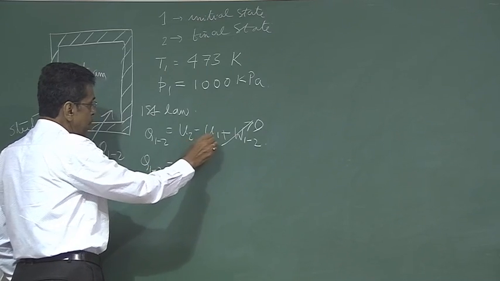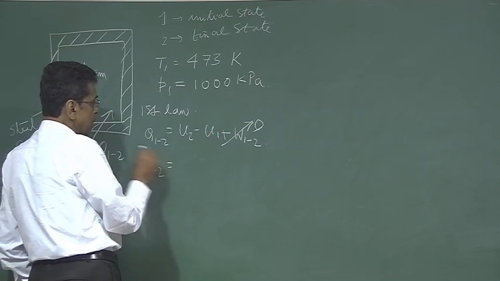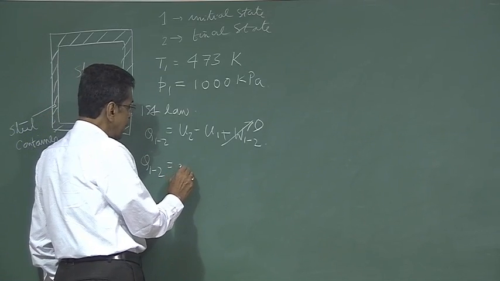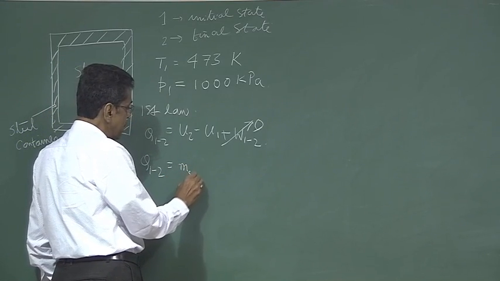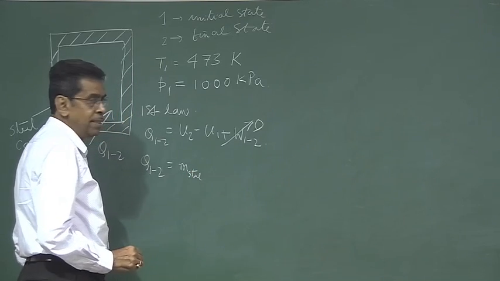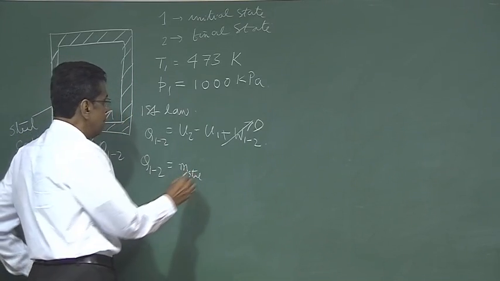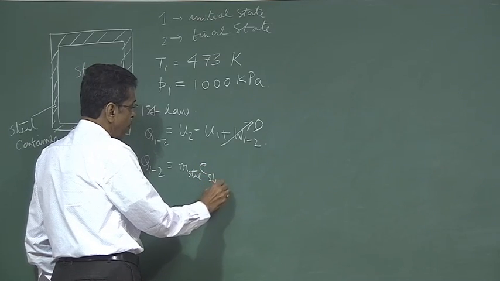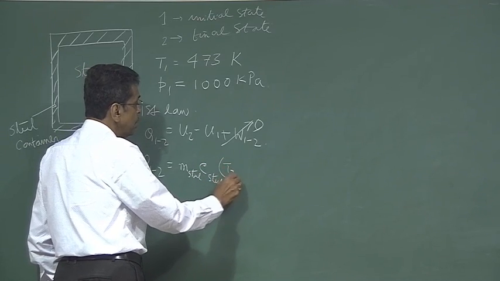Now, this U2 minus U1 consists of both steel and the water vapor. So, for steel, the change in the internal energy is M steel, C steel into T2 minus T1.